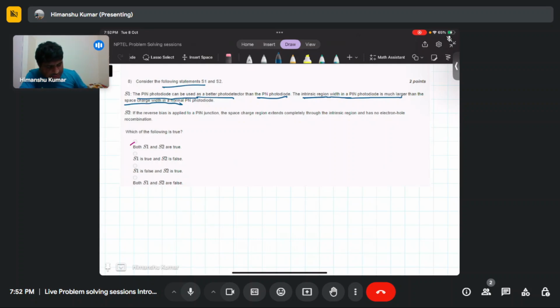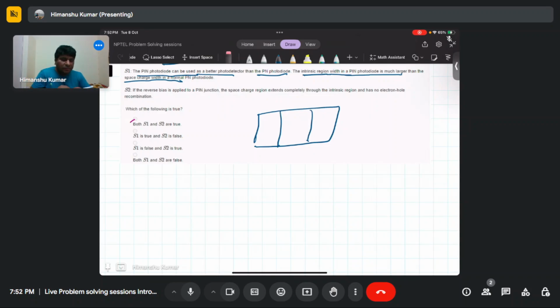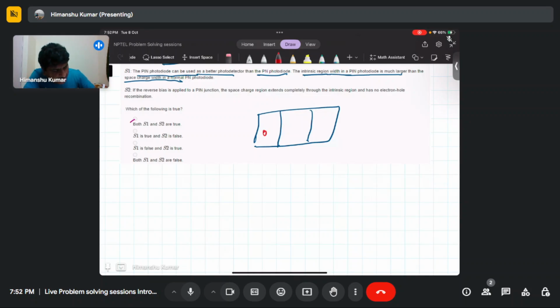So in the PIN photodiode, between the two P and N regions, you put a layer of intrinsic material. Because intrinsic material does not contain any doping, fixed space charge ions are not there.